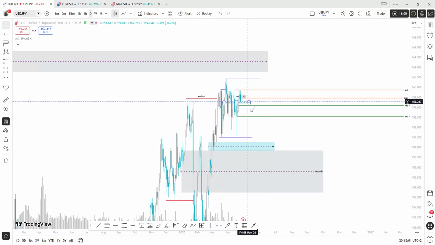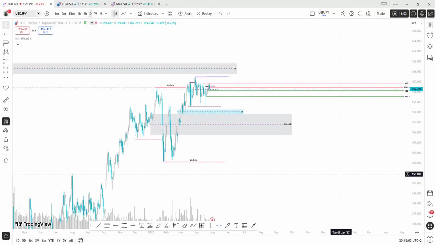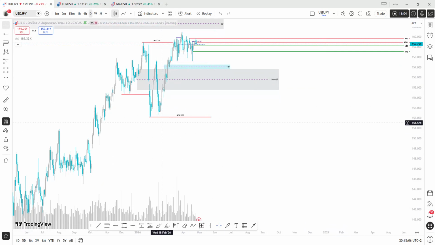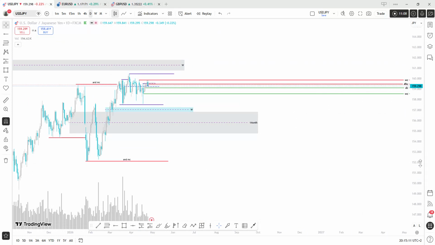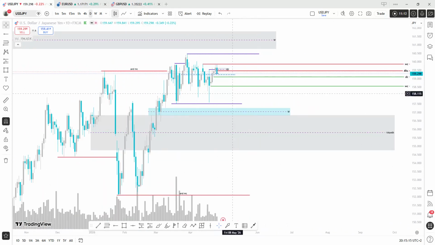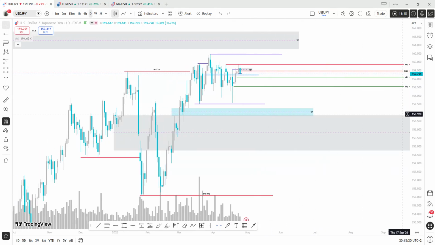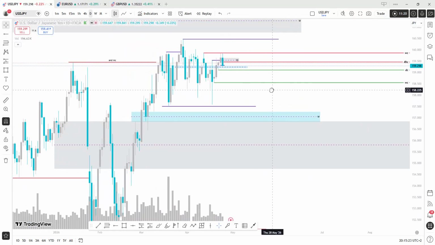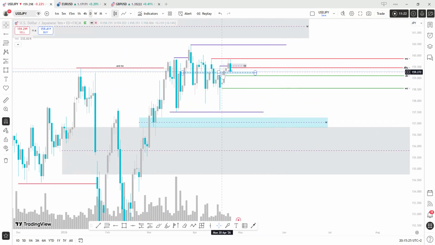How strong? I don't know. Maybe to target those lows. I have no idea. But because the market is consolidating, I do expect some strong moves. So this was my analysis. This is my view on the market. Not very clear, at least not right now.